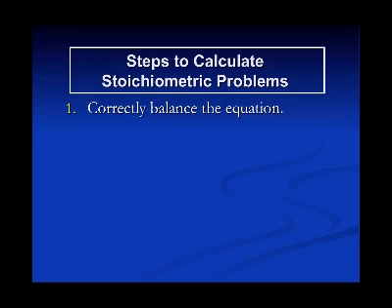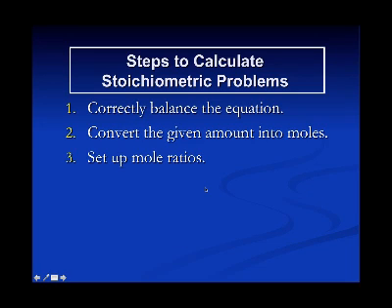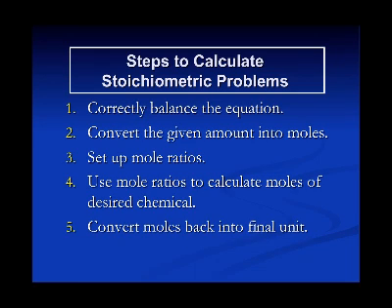So if you get lost and you're trying to figure out how to do this, go back to this 5-step process. Balance the equation, convert to moles, set up the mole ratios, use the mole ratios to calculate whatever we're talking about, and then put it in the correct unit. So if you need steps, here are your steps.